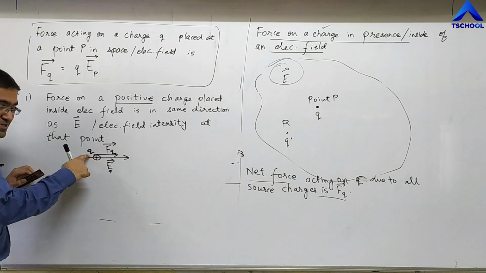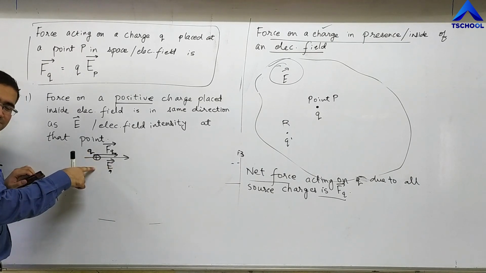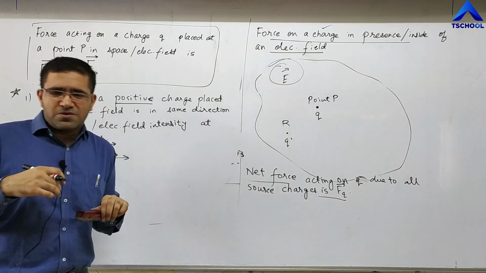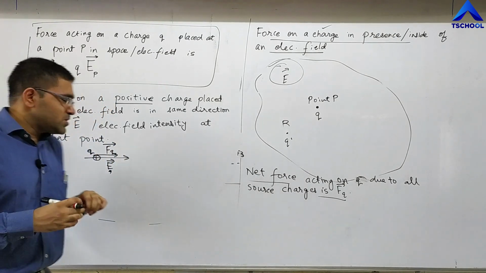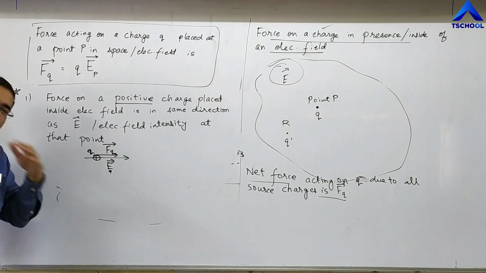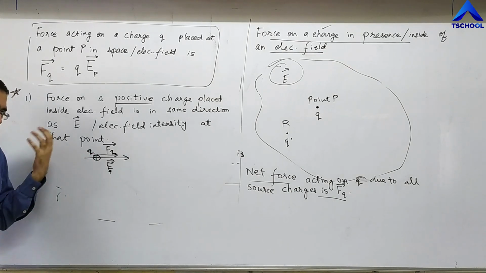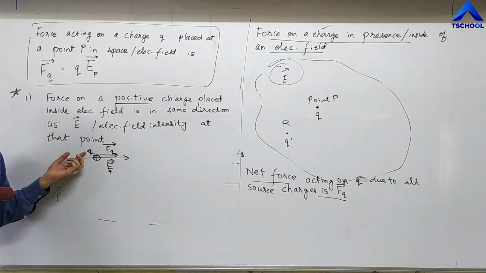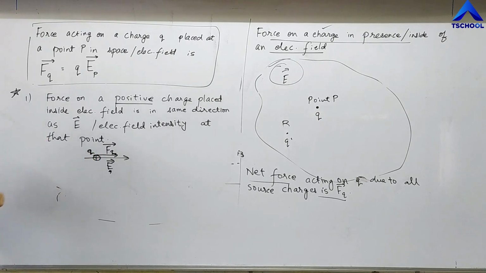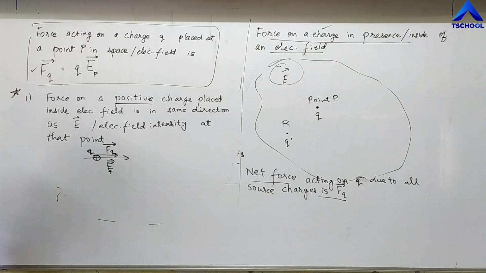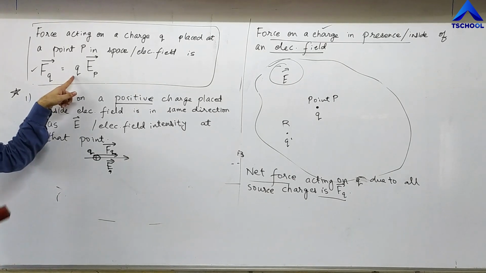Warning, this charge Q has not created this field. One charge cannot apply force on itself. Don't forget that. The electric field has been created by the other source charges, not this one. So, because this charge is positive, it gets force in the same direction as the electric field. Now, how do we know this? Well, all answers lie in this equation. Charge is a scalar.